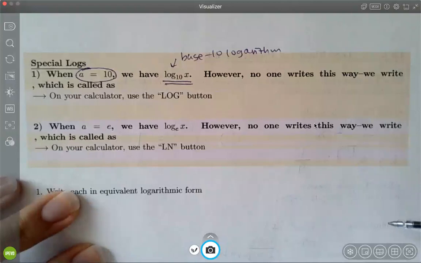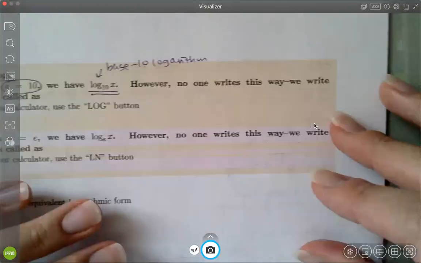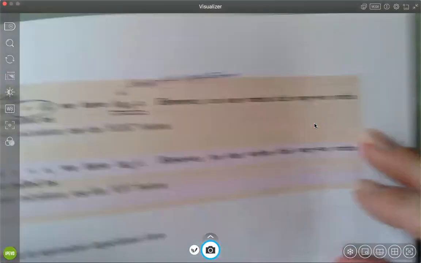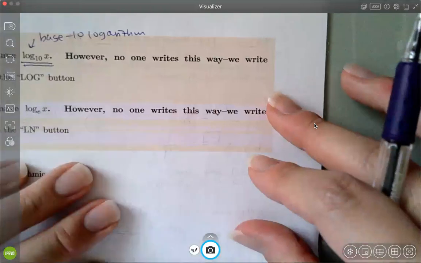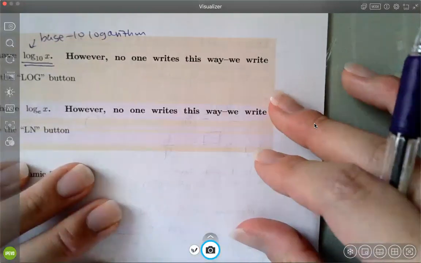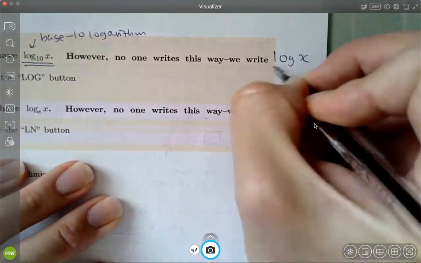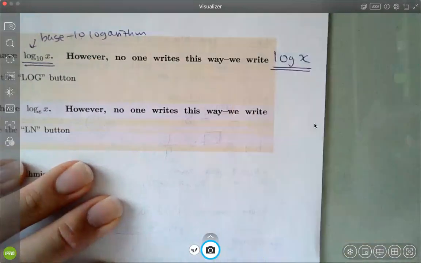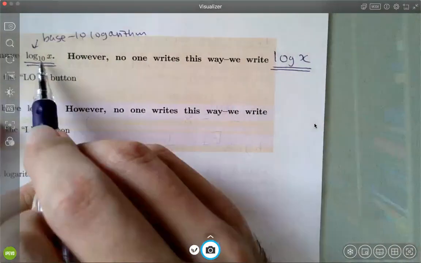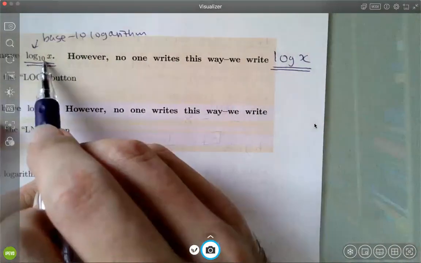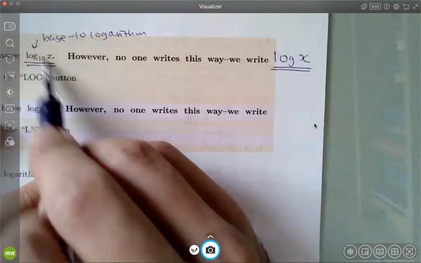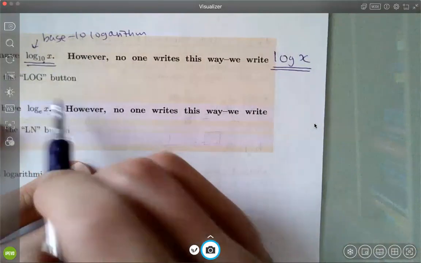Instead, people write, let me slide this paper a little bit, just log x. So what does that mean? Compared to this original form, what is different? The 10 is dropped, right? And we just have log x.